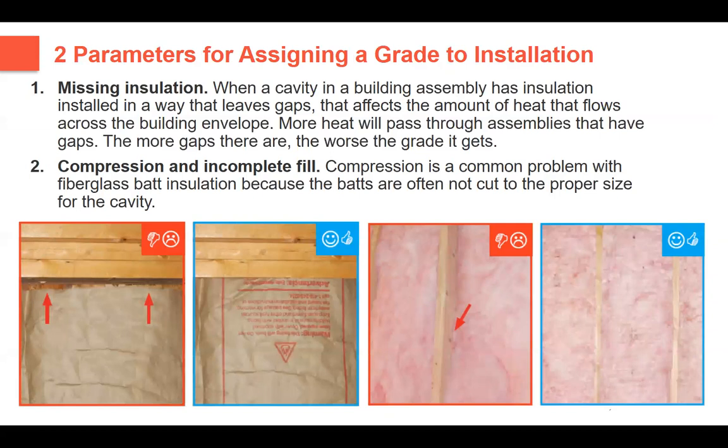One manufacturer, for the kraft face insulation you see on the left there, says that you are to lap that onto the face of the studs and attach it there, minimizing any compression. There was another manufacturer that says it's acceptable to staple it just to the inside edge of the stud, but that is not a best practice.